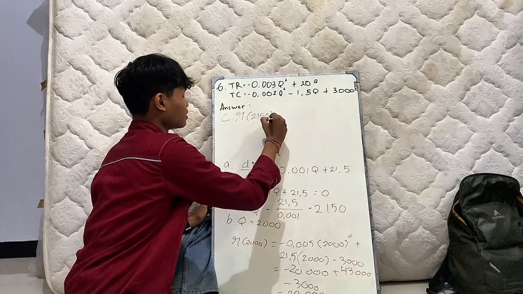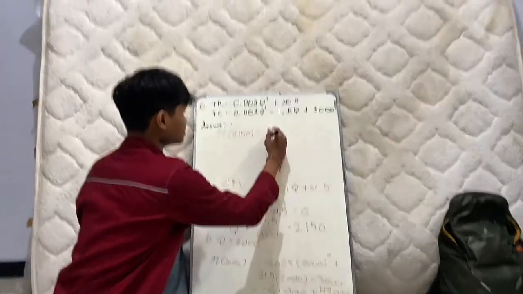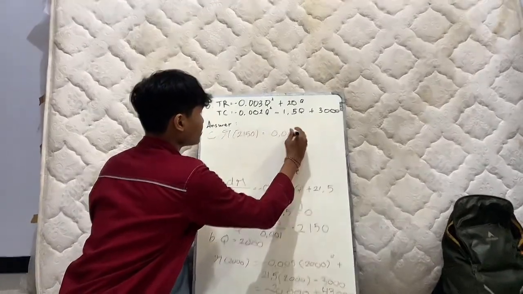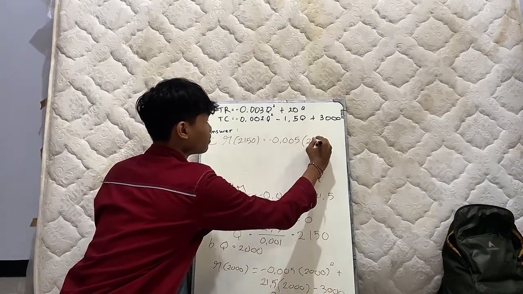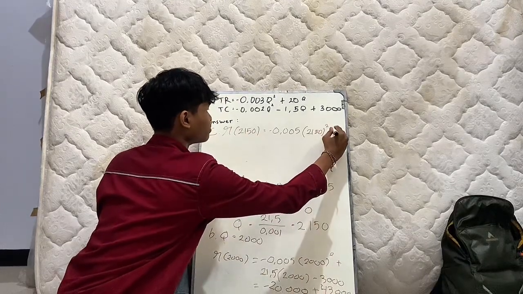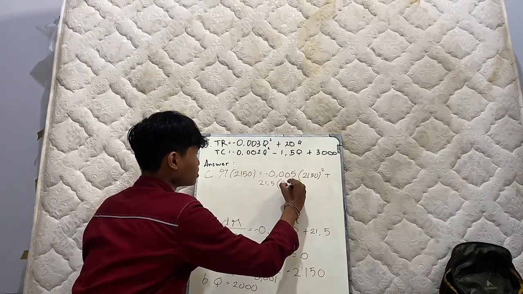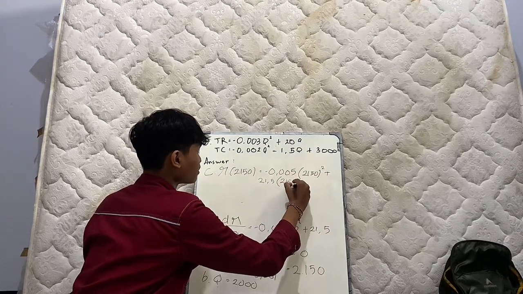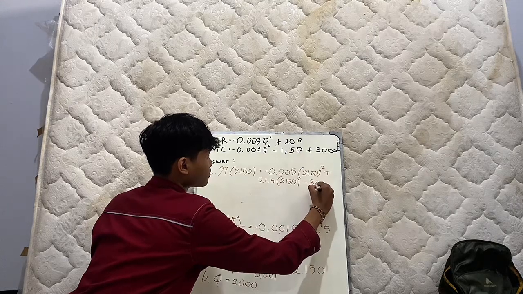We use minus 0.005 times 2,150 to the power of 2 plus 21.5 times 2,150 minus 2,000.